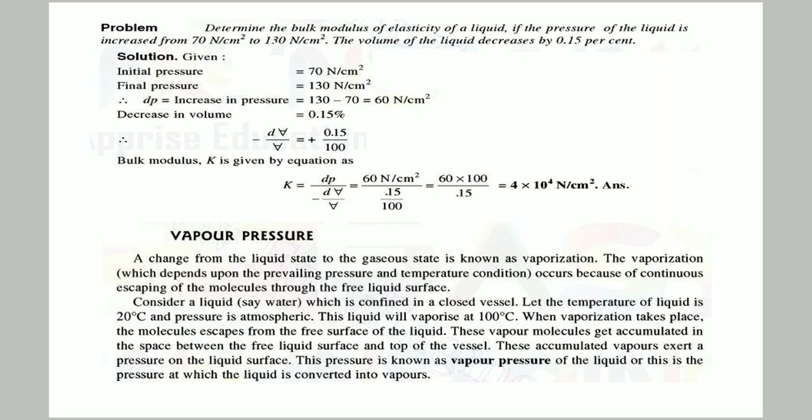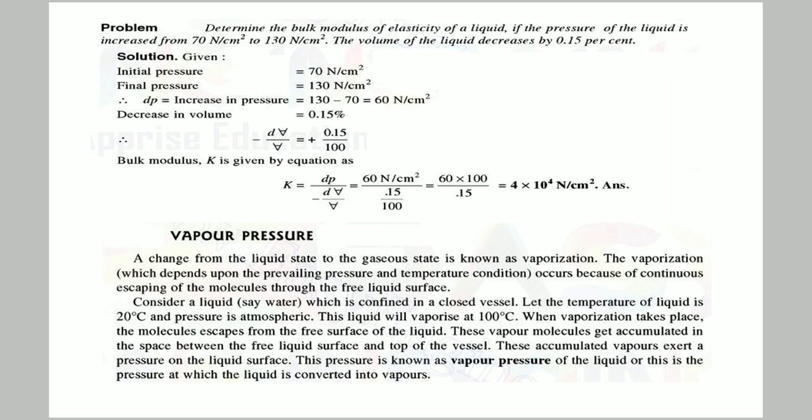Also, we have to find the change in, that is volumetric strain, and it's given that the volume of the liquid decreases by 0.15%. That is, it decreases 0.15% of original. If we consider original volume as 100, the change in volume is 0.15.